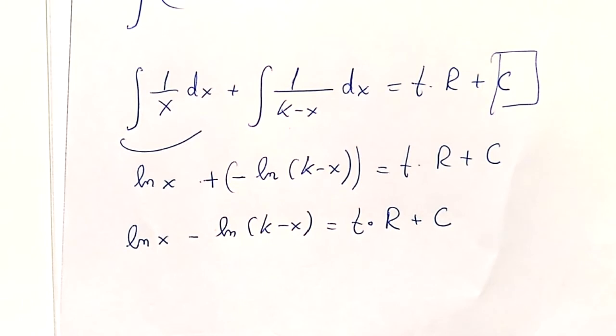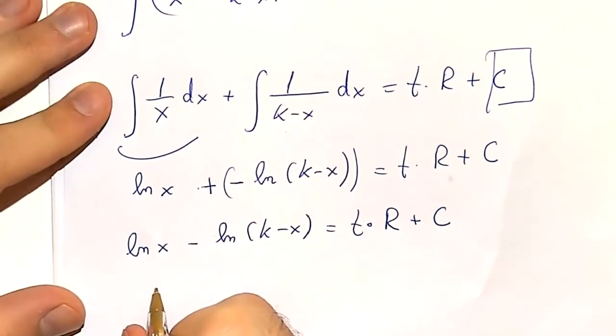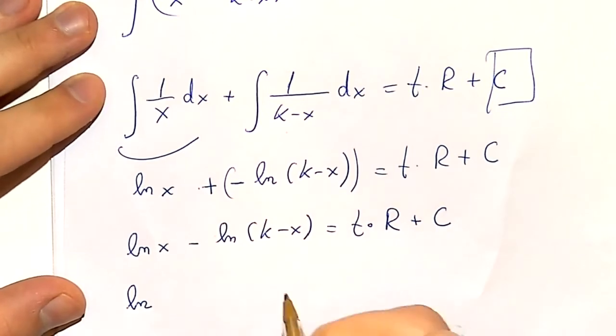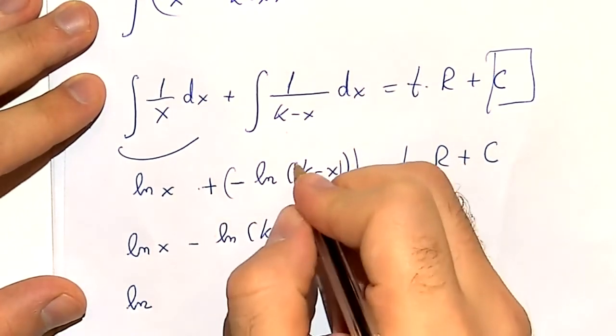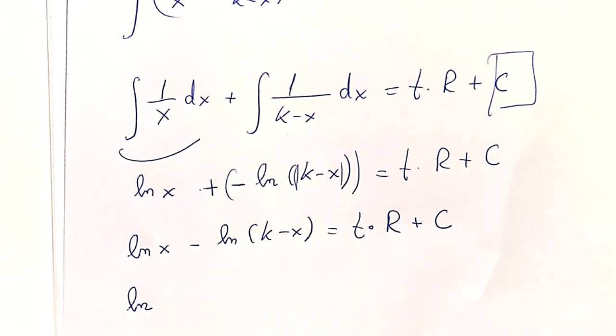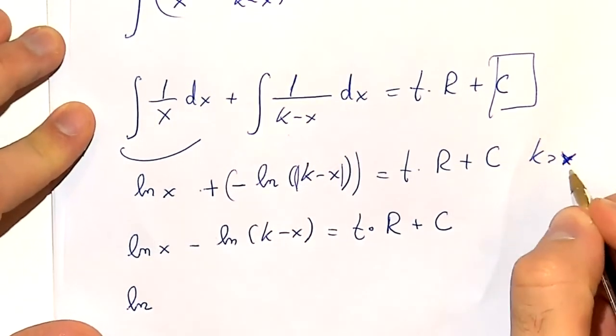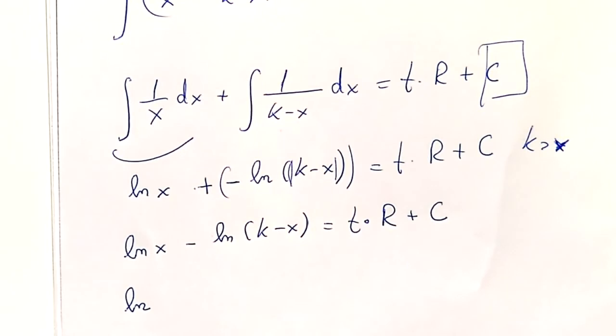Okay, now I'm just going to use some log formulas. Again, this is a modulus, but let's just assume for simplicity that k is always bigger than x. Okay, for simplicity here, since I think I'm going to get hit with the question, what if this is negative? So I'm just going to say k is greater than x for everything.